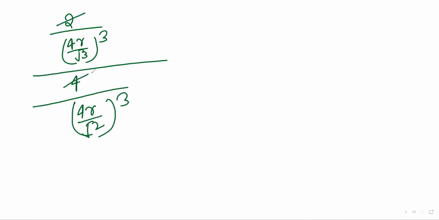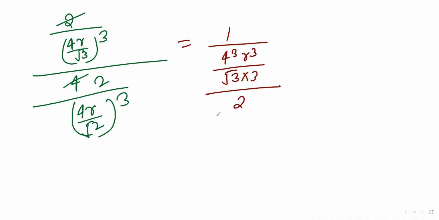So this is cancelled by 2. So it will become 2. Now this will be 1 upon 4 cube r cube divided by 3 cube. 3 cube is 3 into 3, divided by 2 divided by 4 cube into r cube divided by 2 into root 2, right?